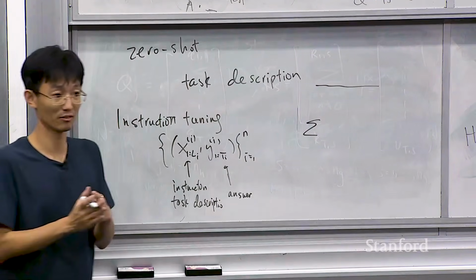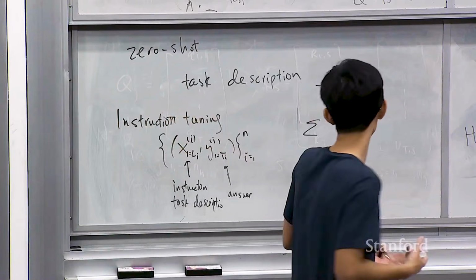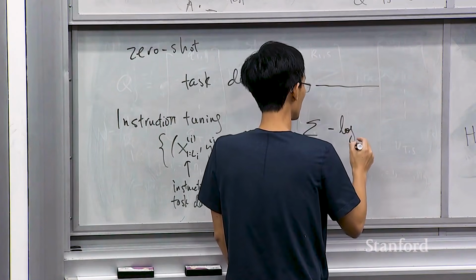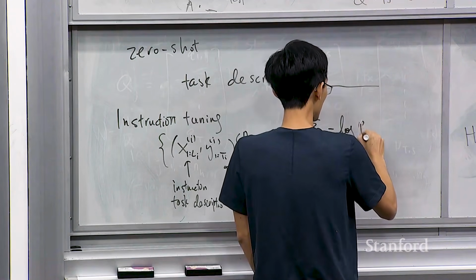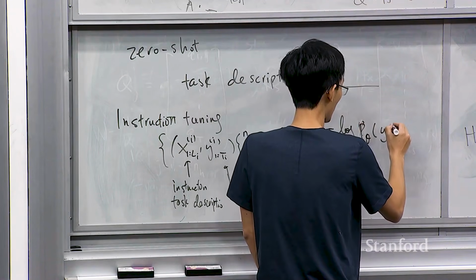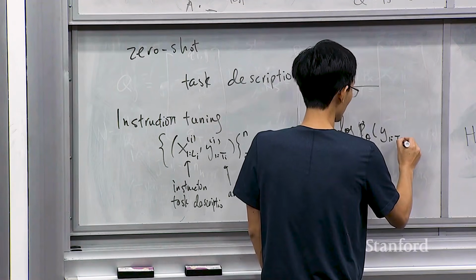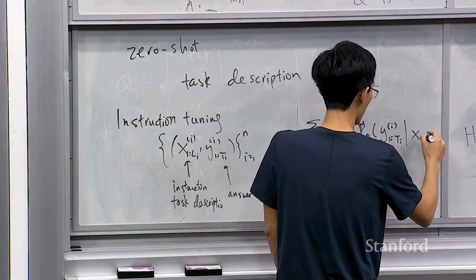Your x is viewed as seen, so you don't have to actually predict x. x is the instruction, but y is what you want to predict. So basically, you want to minimize the negative log likelihood of seeing y from 1 to T_i, given x_i.